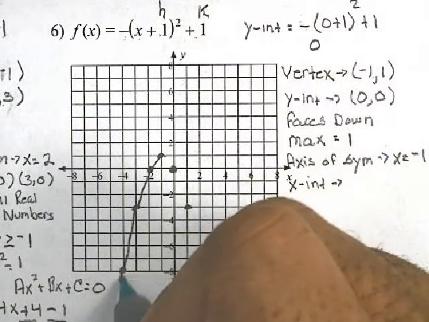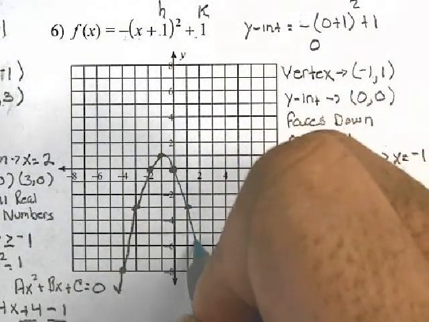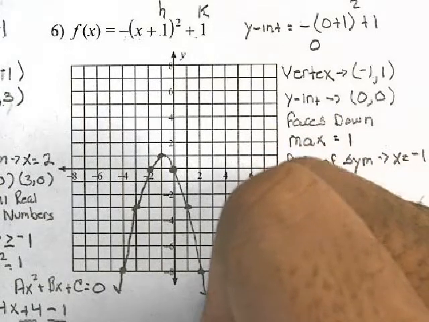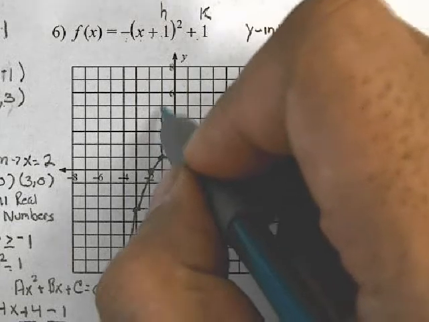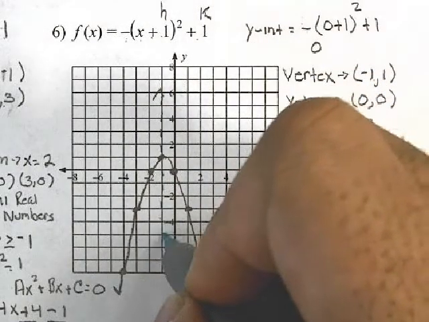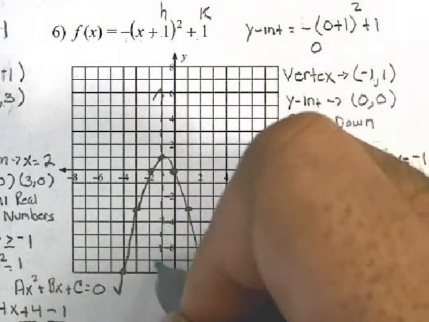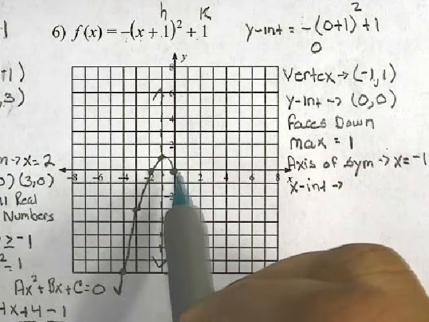Put your arrows. Let's go ahead and draw our axis of symmetry now. It's a dashed vertical line. Put your arrows there. Now, the x-intercepts are roots, solutions, or zeros.